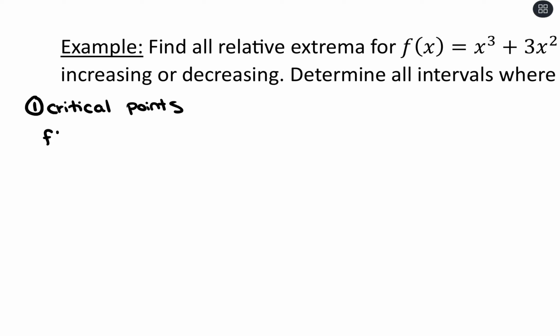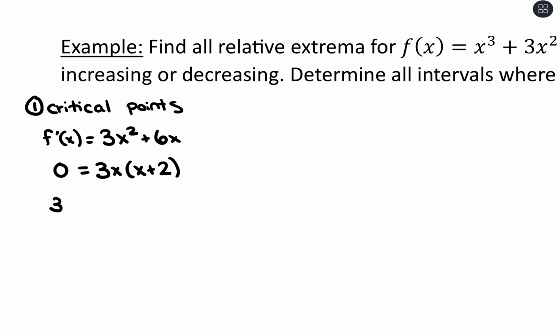We're going to take our first derivative, which is 3x squared plus 6x, and that's it. We want to see where this is equal to 0. I'm going to go ahead and factor out a 3x, which will leave me with an x plus 2. So we're getting 3x equals 0 or x plus 2 equals 0. So we have critical points at x equals 0 and x equals negative 2.